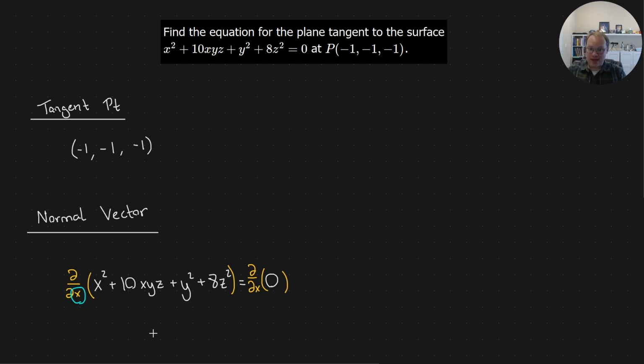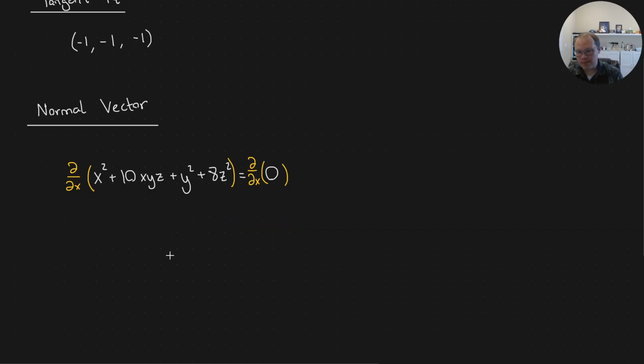That means I'm treating x as the variable, and I'm going to treat y as a constant. I am going to treat z as a function of x. We'll see what this looks like as we work through it. So if I take the partial derivative with respect to x, derivative of x squared is 2x.